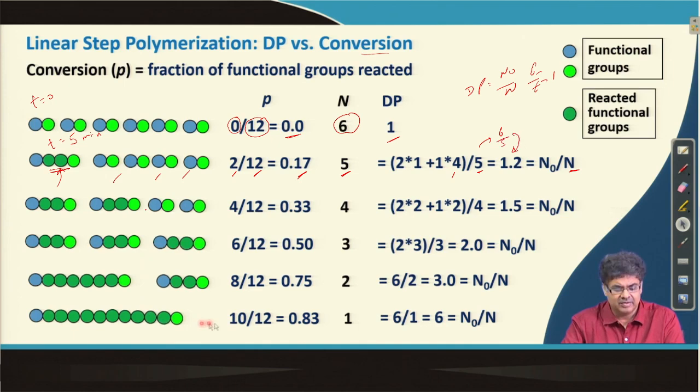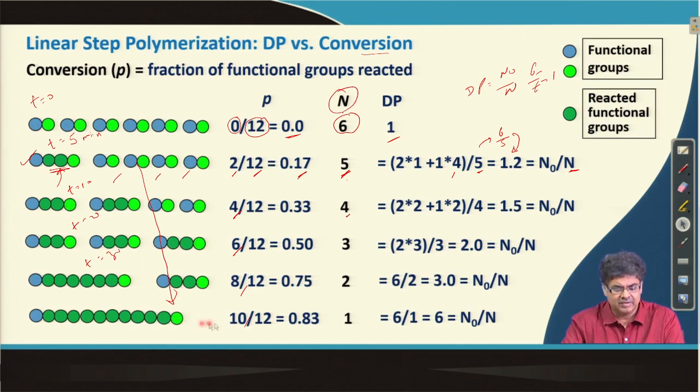Okay, so I explained this thing. Then after time is equal to 10 minutes, 20 minutes, whatever time, 30 minutes, after various times we measured the polymer conversion. Here for functional groups reacted, 6 reacted, 8 reacted, 10 reacted, whatever. And similarly, as monomers react together, the molecule number decreases.